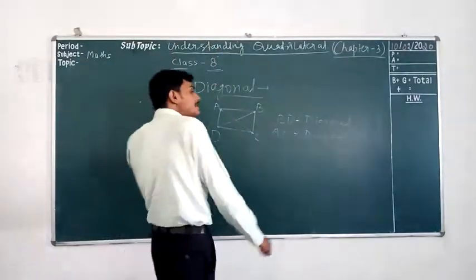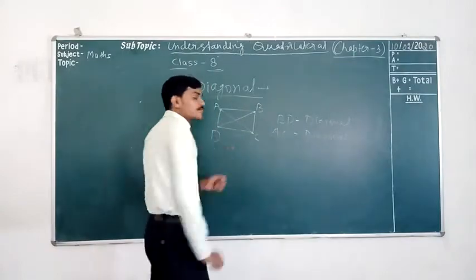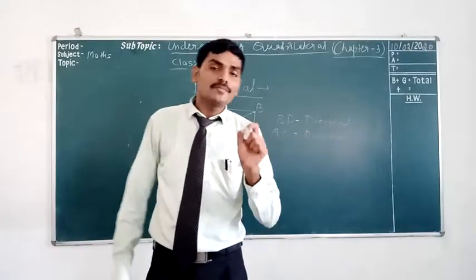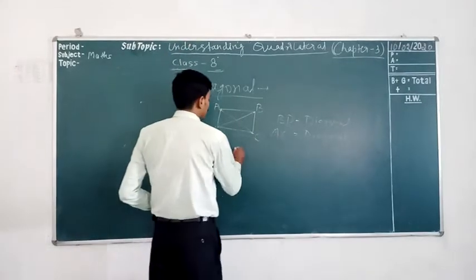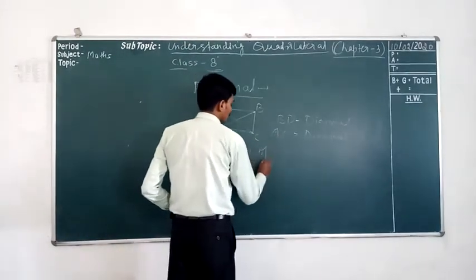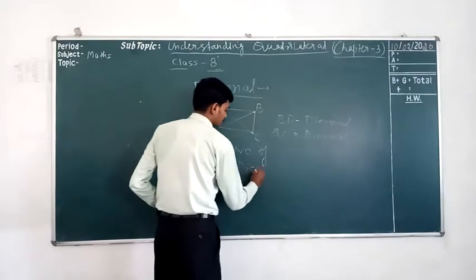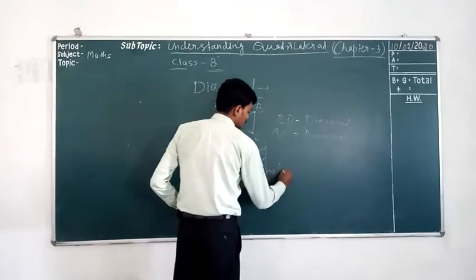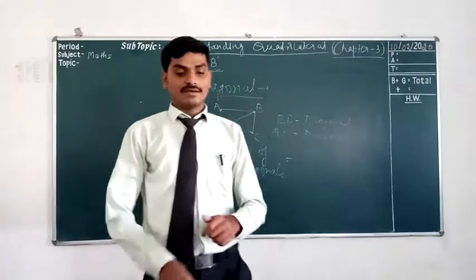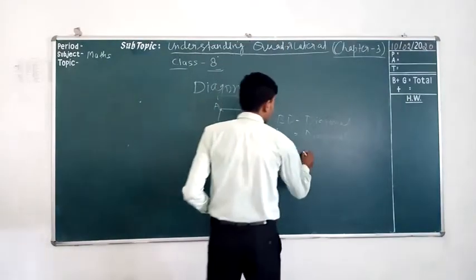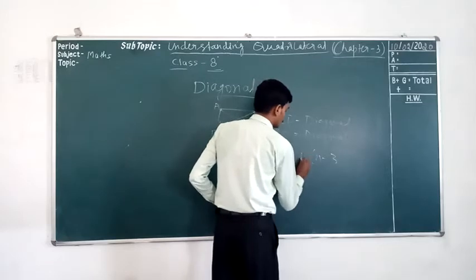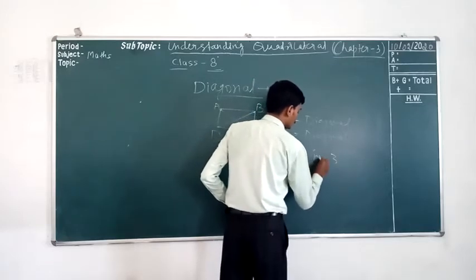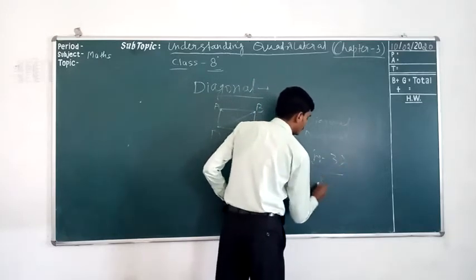In any polygon, if we have to find the number of diagonals, we use this formula: number of diagonals equals n(n minus 3) upon 2.